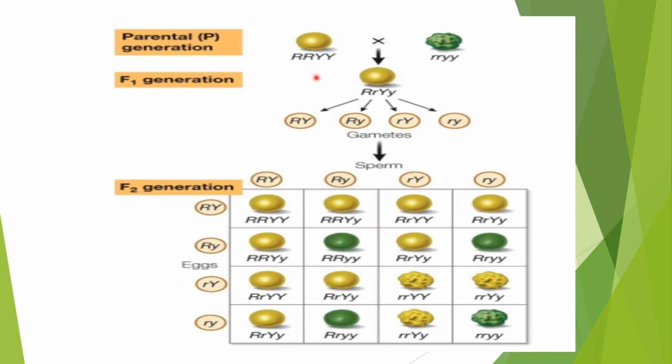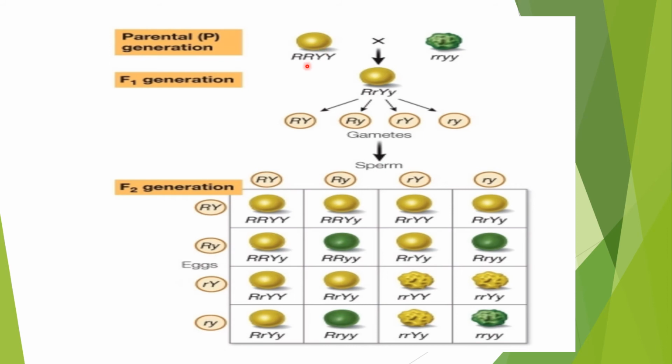Let's say this parent produces seeds which are round in shape and the seed color is yellow. Since it is represented by capital R, capital R is for the dominant trait. So capital R allele is the dominant allele which determines roundness in the seed. And capital Y, which is for the color of the seed, that's yellow, it is also the dominant allele.